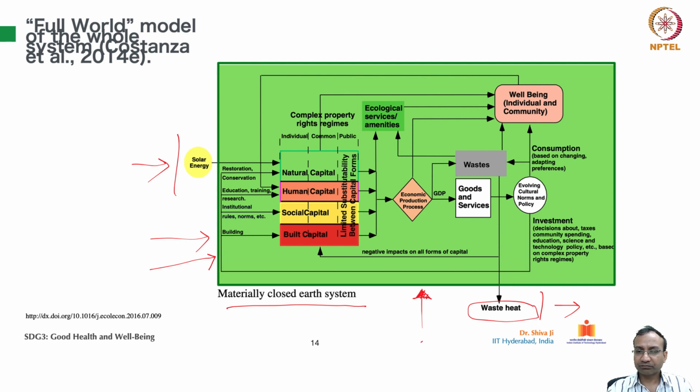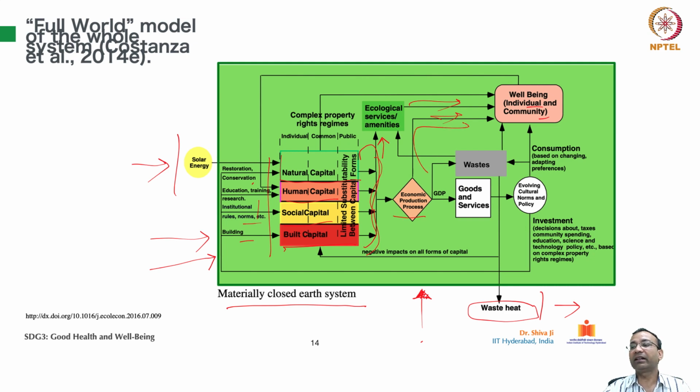Well, what are those? Restoration, conservation, education, training, research, institutional rules, norms, building, they are all feeding to natural capital, human capital, social capital, built capital. Okay, together this is leading to ecological services and amenities, and from here it is going to health and well-being at individual or community level. Okay, from here there is another decision making in this diagram, this rhombus you see, economic production processes.